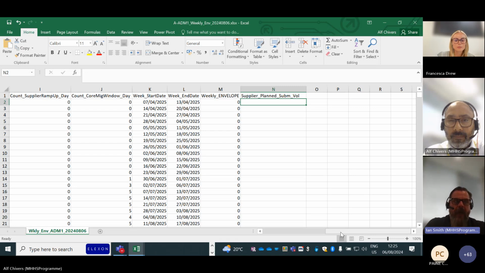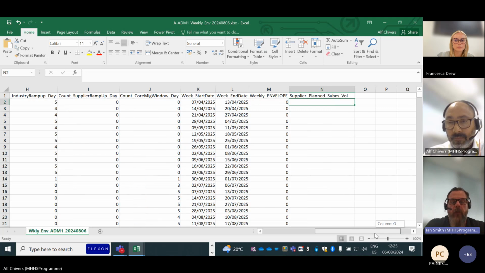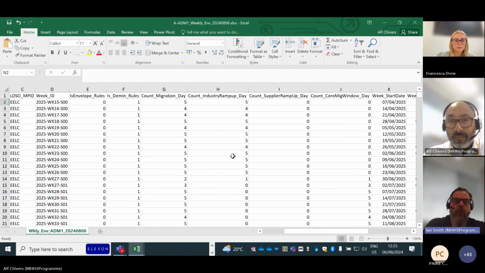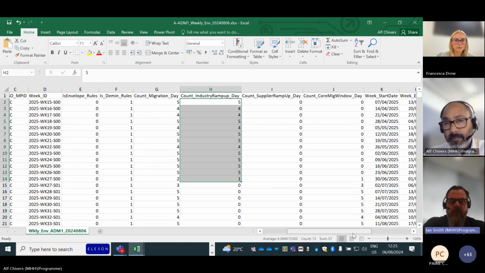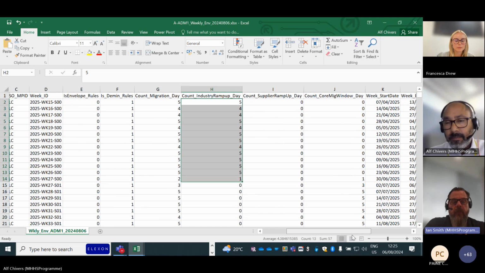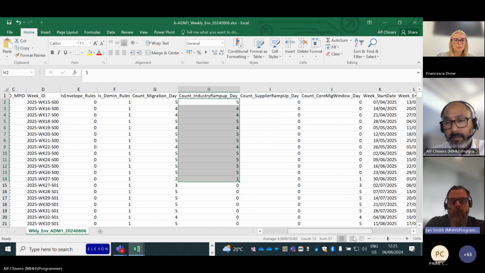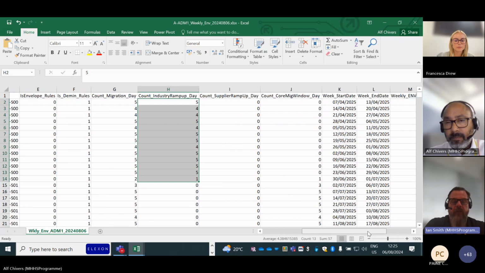So we would ask to see 10% of your portfolio apportioned during the early life support window, as Alf has previously described. If you're a non-SIT supplier, we're asking you to bound your submission within your first calendar month following migration to between 5 and 10% of your portfolio. This is analogous to the industry ramp up and the individual supplier ramp up periods that we see where envelopes are issued.